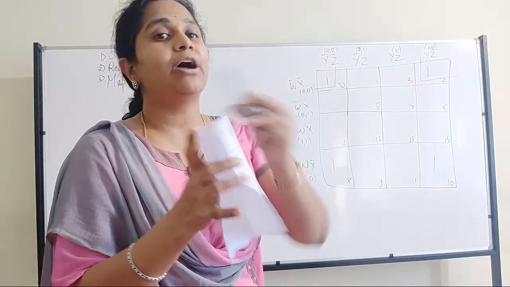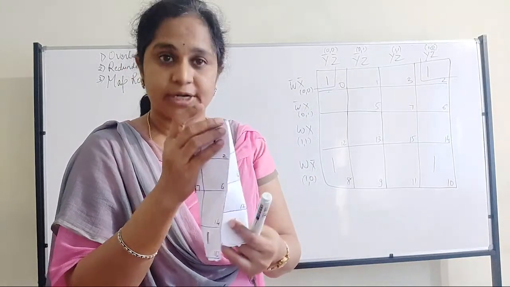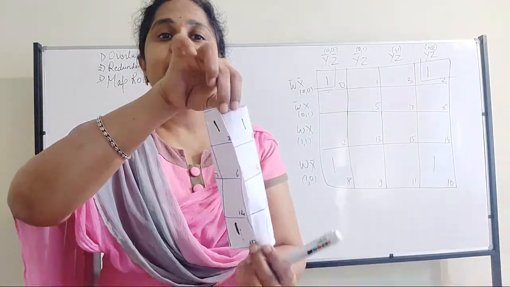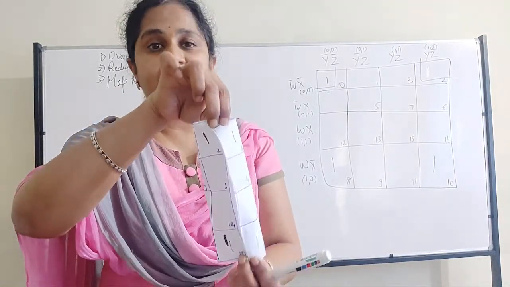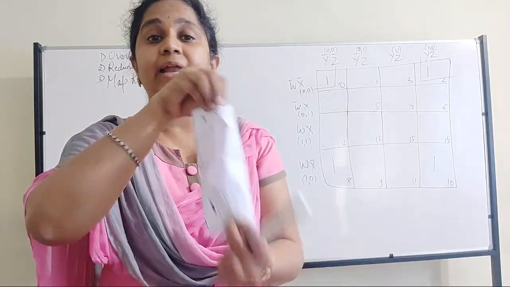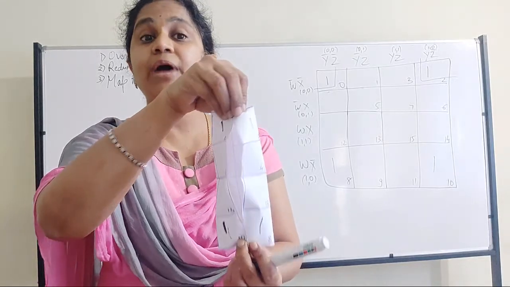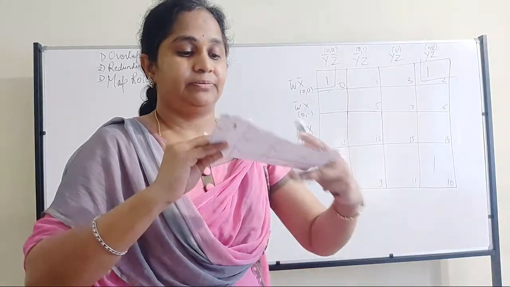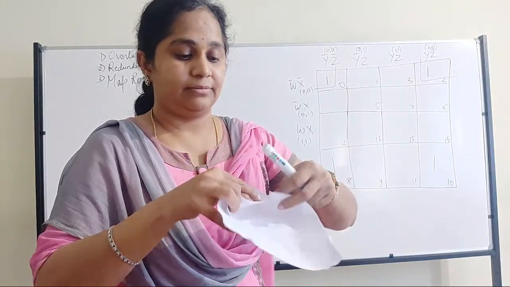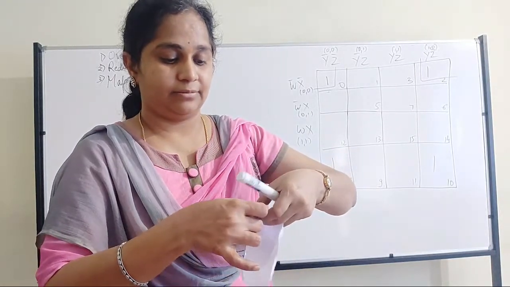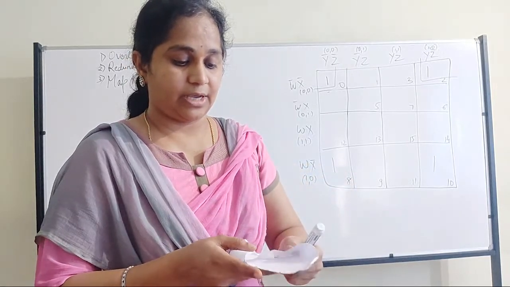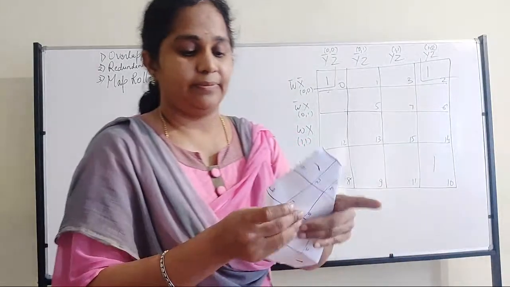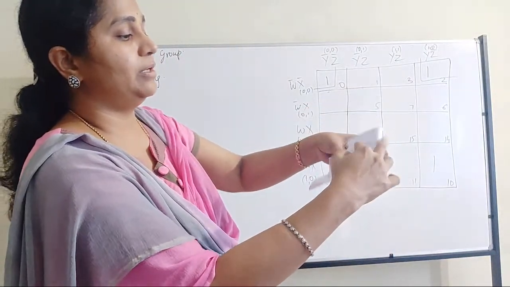But I told you, you have to always look for an octet in your map. You have to look for a quad in your map. Then you should look for a pair. Now I can see there are two pairs. But let me show you, I can roll it in a different way also. Can you see what I am doing?